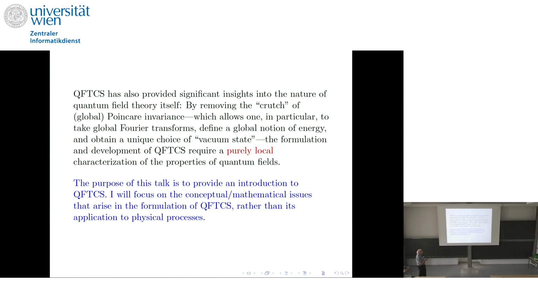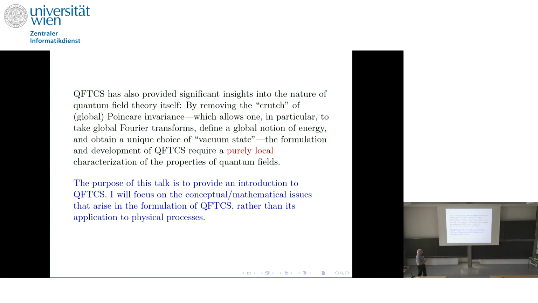And going to curved space-time, as opposed to the flat space-time versions of quantum field theory that are otherwise normally considered, really forces one to take some new viewpoints, because of crutches that are used, I think probably misleadingly and inappropriately, as a basis for many ideas in quantum field theory in flat space-time, particularly the notion of Poincare invariance, global notions of energy, and most importantly, the unique existence of a Poincare invariant vacuum state.